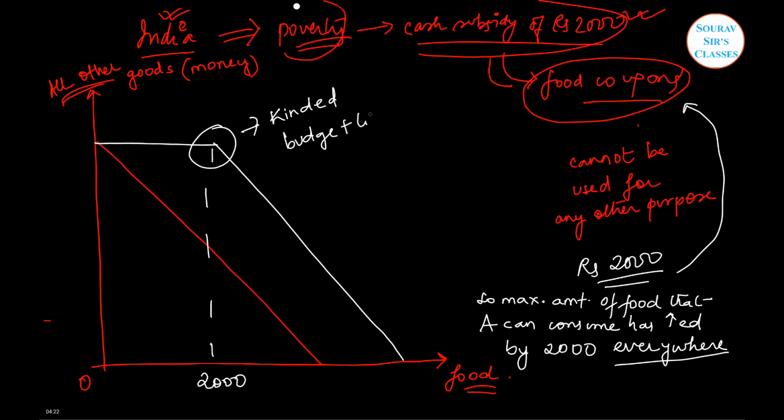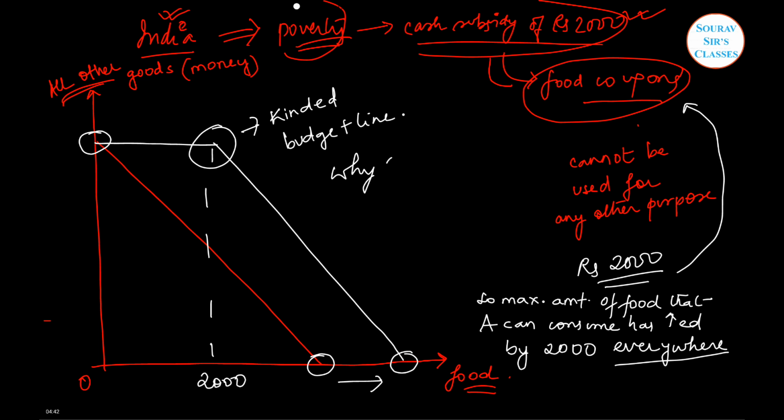We see that this was the earlier intercept of food, and there has been an increase, but the intercept of the all other goods axis remains unchanged.